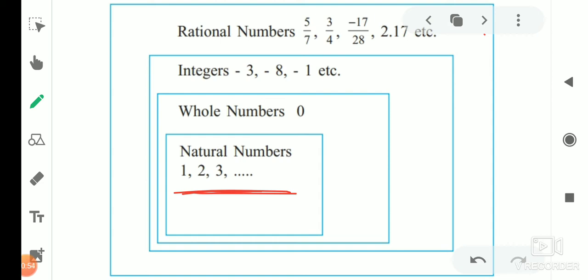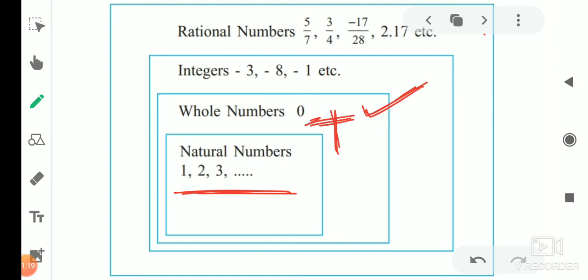Now if we add 0 to the natural numbers, then it will become a group of whole numbers, right? It means that whole numbers are a bigger group, or a super group, of natural numbers. The whole numbers are a bigger group that contains all the natural numbers.